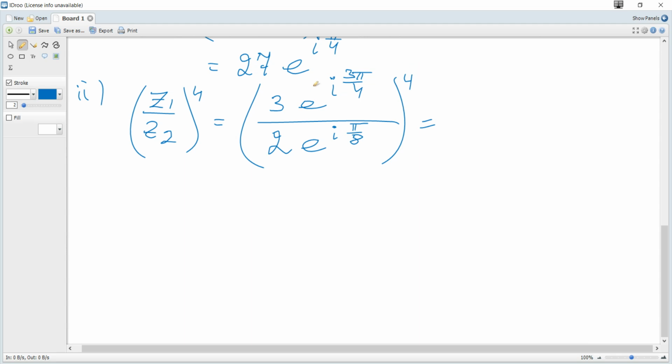Definitely you may raise the numerator to the power of 4 and the denominator to the power of 4 and then divide, or we can divide and then raise to the power of 4, it doesn't matter. So it seems that it will be easier to divide first, so it becomes 3 over 2 and e to the power of, it's like 2 to the power of 10 divided by 2 to the power of 4, it's 2 to the power of 10 minus 4.